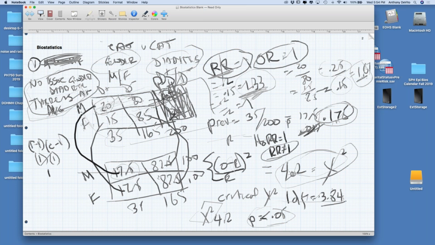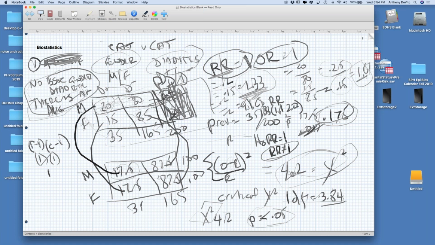We have SPSS calculate a 95% confidence interval for the true relative risk. If we determine that the relative risk is 1.33, and our 95% confidence interval for the entire population turns out to be 1.1 to 2.0, what does that mean?